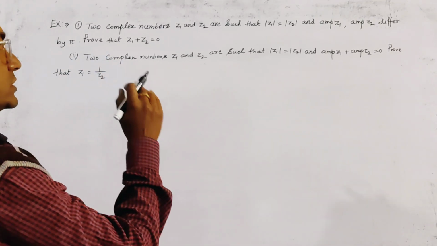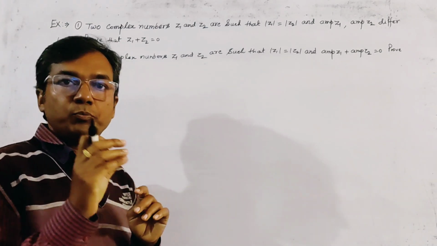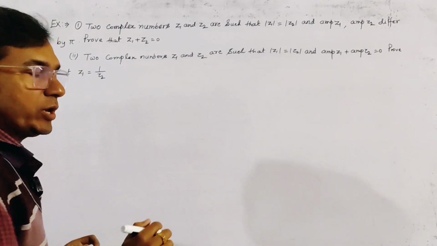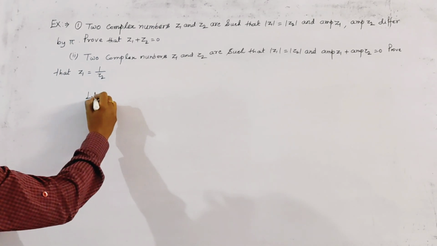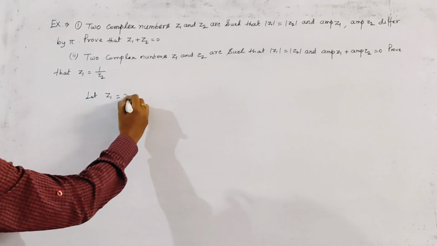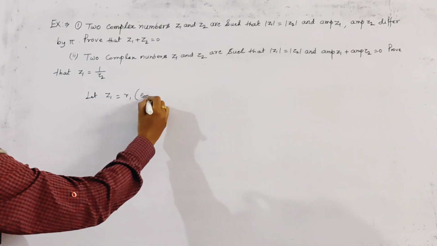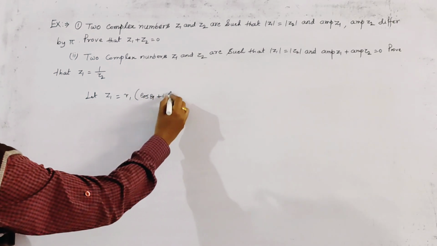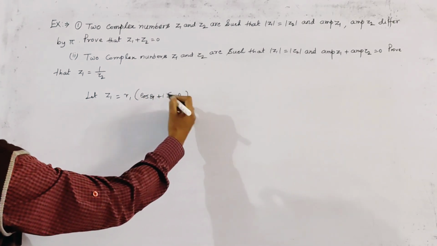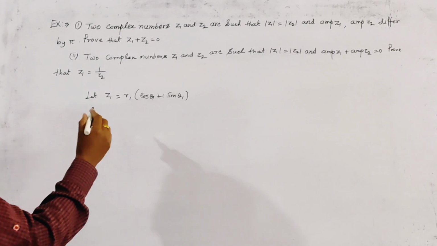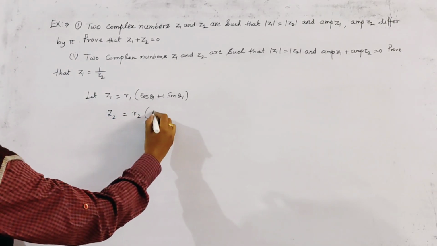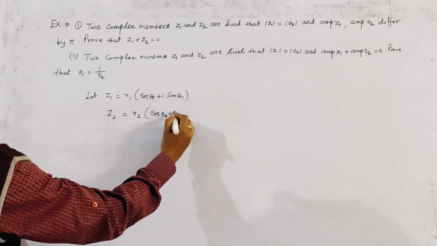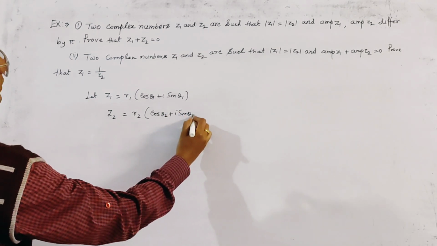Now here we consider Z1 and Z2 in polar form of complex number. For both the problems, let Z1 be equal to R1 into cos theta 1 plus I sin theta 1. This is the first complex number, and Z2 is equal to R2 into cos theta 2 plus I sin theta 2.